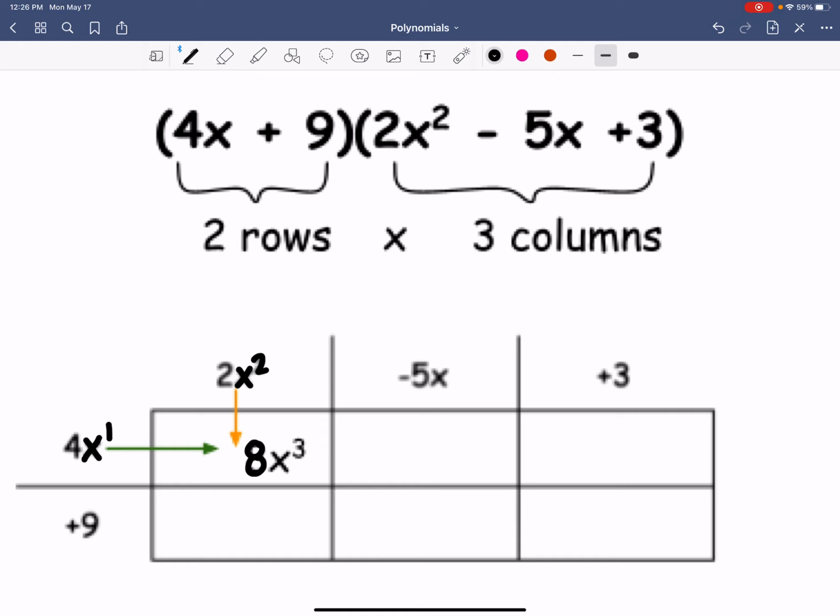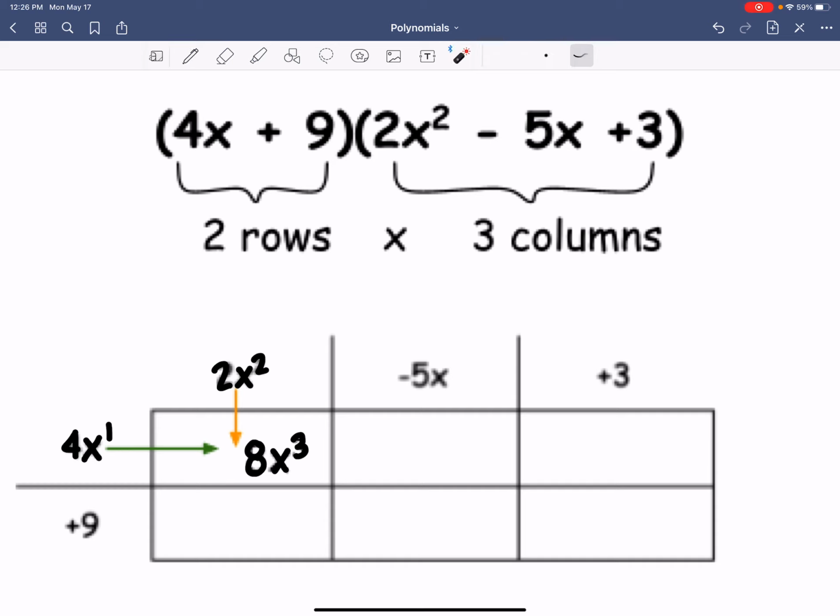So that's like x to the first power times x to the second power. So we're adding 1 and 2 to give us x to the third power. So again, 4x times 2x squared, or 2x to the second power, gives us 8x to the third power.